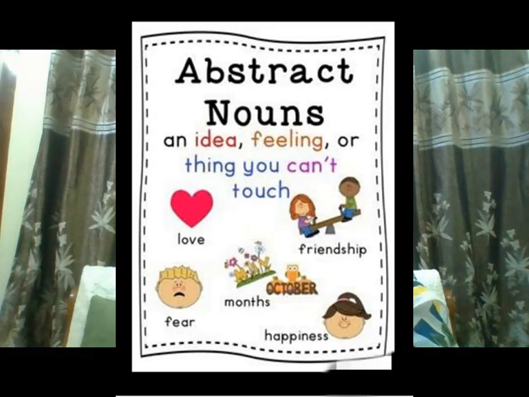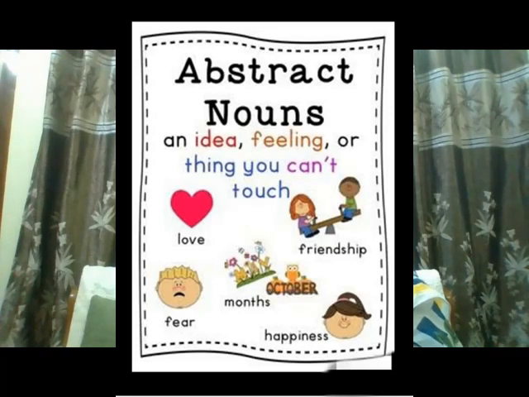It is a concept which takes place in our mind, but we are not able to see it, we are not able to grab or touch it, or we are not able to feel it. It is just an idea, and all these ideas comes under the category of an abstract noun.